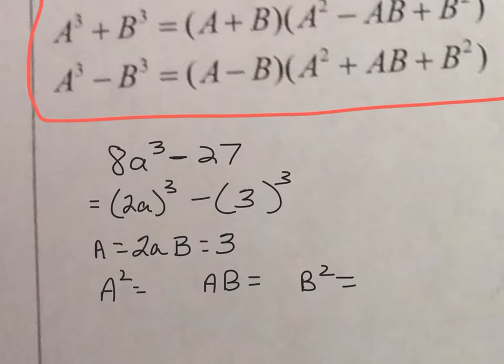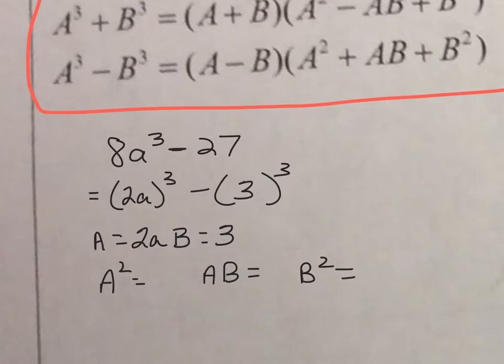So if a is 2a, then a squared would be 2a times 2a, or 4a squared. ab would be 2a times 3, or 6a. And b squared would be 3 times 3, or 9.